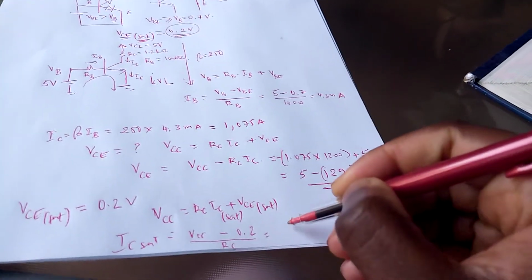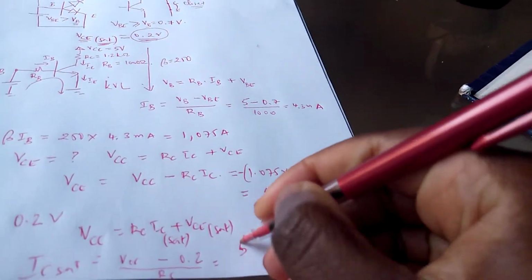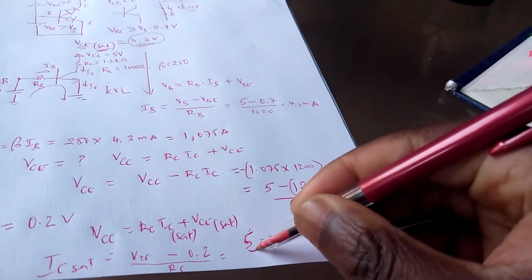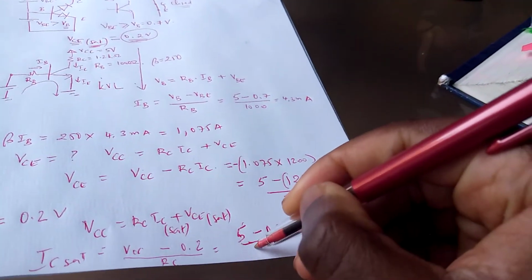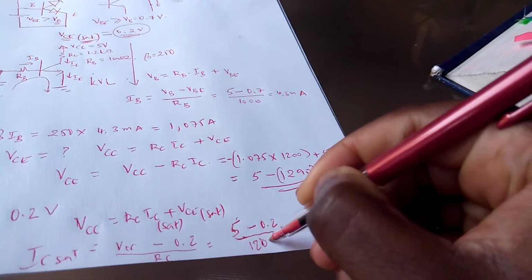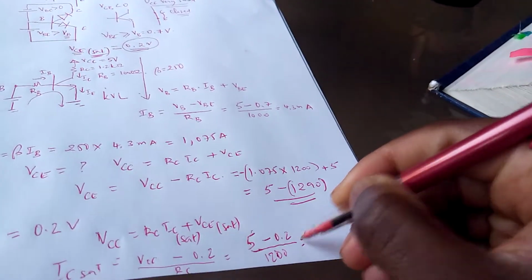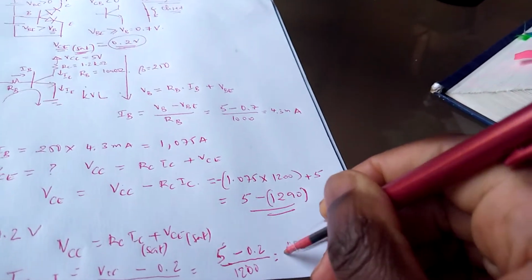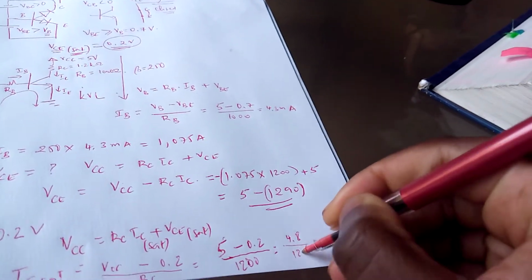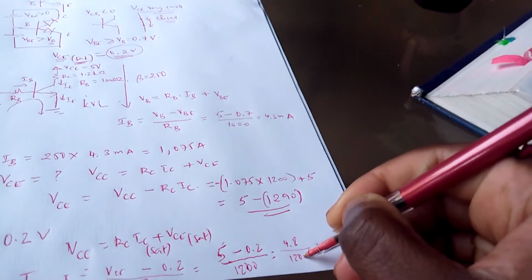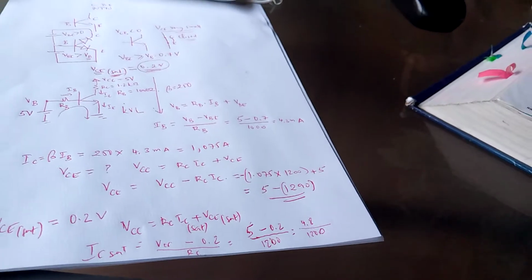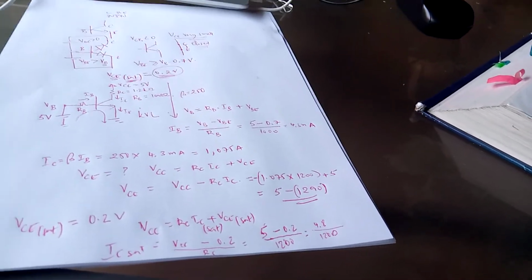So you come up with 5 minus 0.2 divided by 1.2, and that will give you 4.8 divided by 1.2, and that's how you get your IC under saturation. And from the IC under saturation, you can divide it by beta to work back the IB.